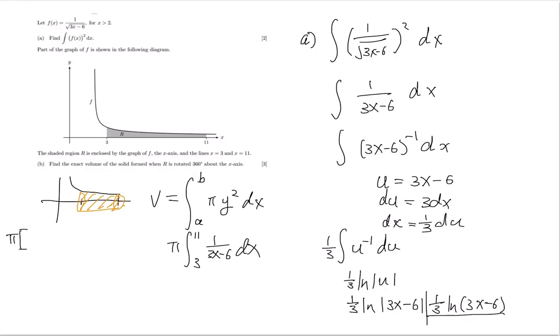So that's going to be pi times 1 over 3 ln(3 times 11 minus 6) minus 1 over 3 ln(3 times 3 minus 6).